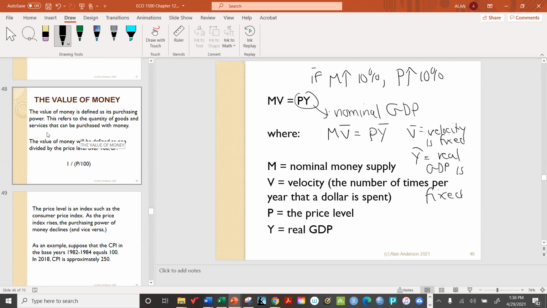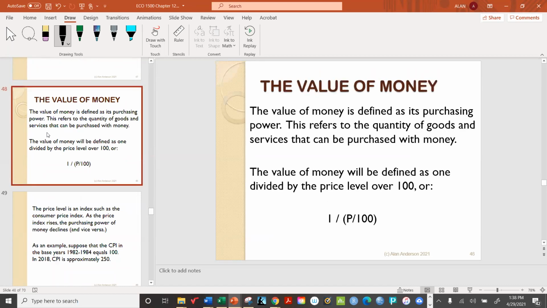So you can make the case that the value of money could be written as, and this is what they're doing in the book, 1 divided by the price level divided by 100, where P is the index. In other words, if P is the CPI, in the year, let's say last year, the CPI was about, let's say 270.